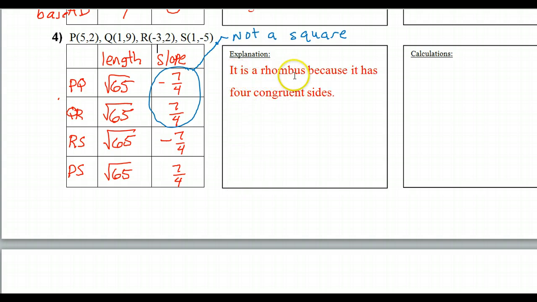It is a rhombus. I want to put that in all caps, rhombus. It is a rhombus because it has 4 congruent sides. Notice the pattern. Whatever you're going to say that it is, start off by saying it is a blank because.